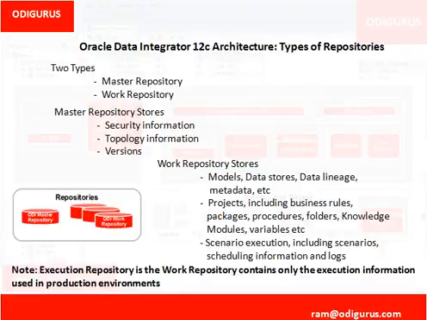There are two types of repositories, mainly master repository and work repository. Objects developed or configured through the users are always stored in one of these two repositories. There is usually only one master repository in a typical architecture that stores the security information like users and their profiles, and also the rights for the users on ODI objects.